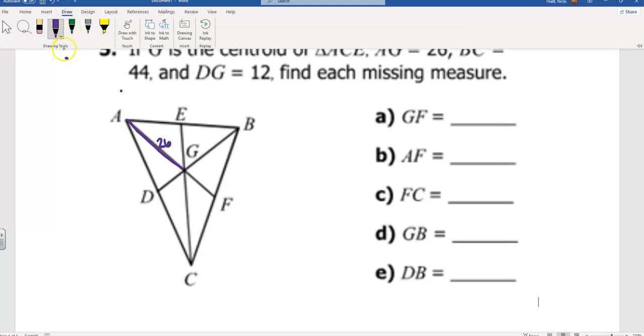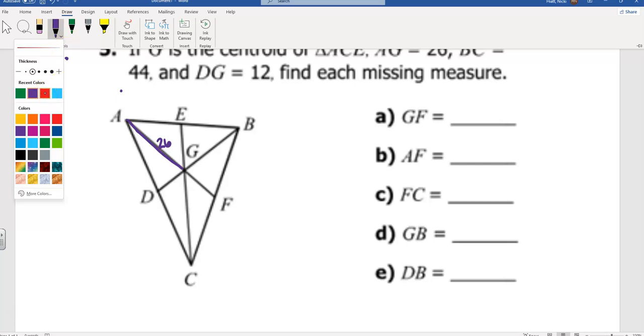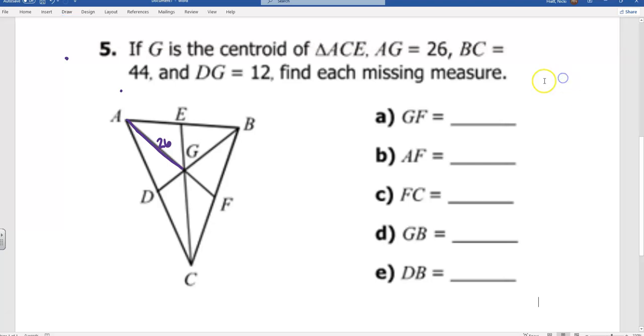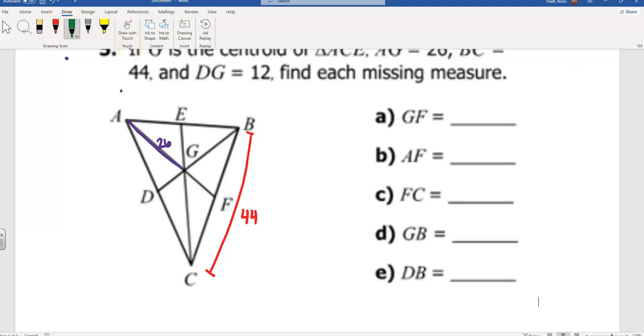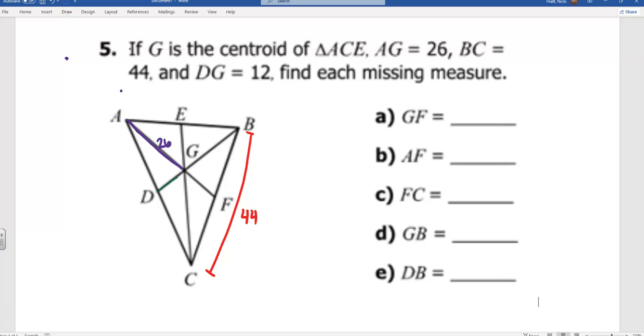They give us that BC is 44. So from B all the way down to C, that's 44. And DG is 12.